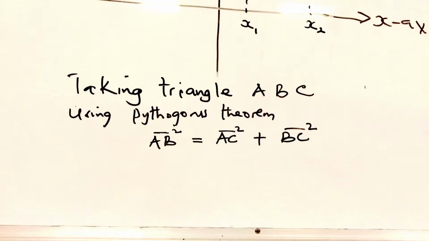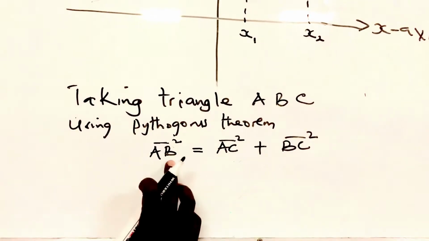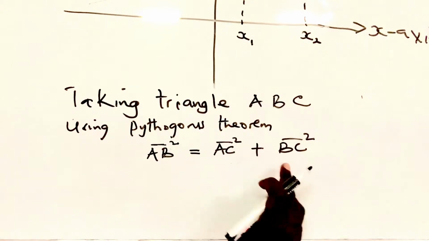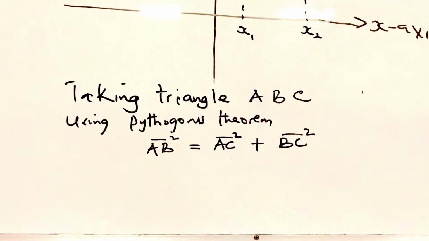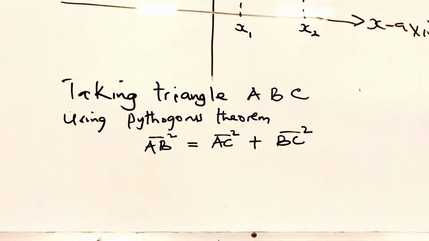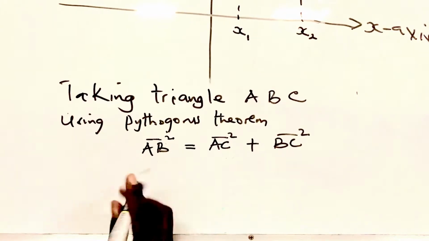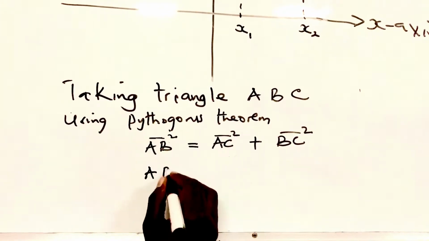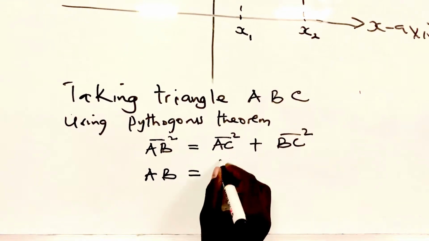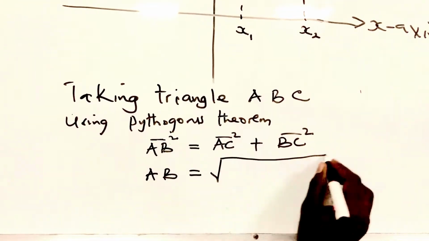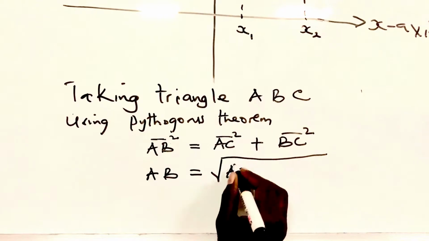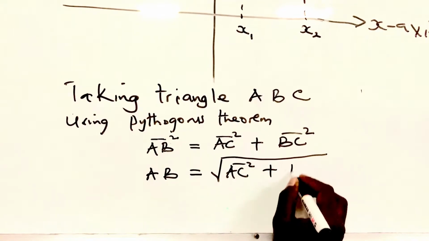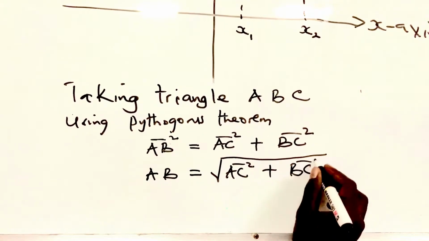But what we need is only A and B. So we shall say AB will be equal to the square root of AC squared plus BC squared.